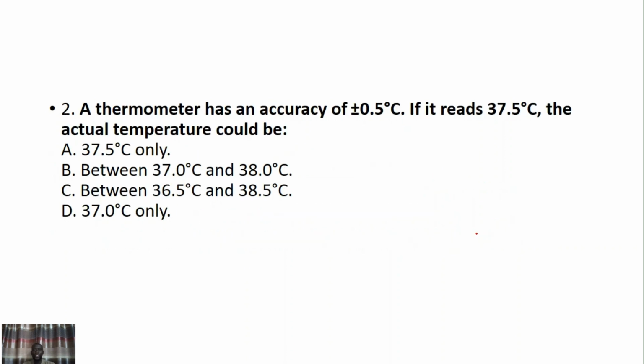Next question. A thermometer has an accuracy of plus or minus 0.5 degrees Celsius. If it reads 37.5 degrees Celsius, the actual temperature could be... When you see a reading written like this, 37.5 degrees Celsius plus or minus 0.5 degrees Celsius, usually the units will be at the end.